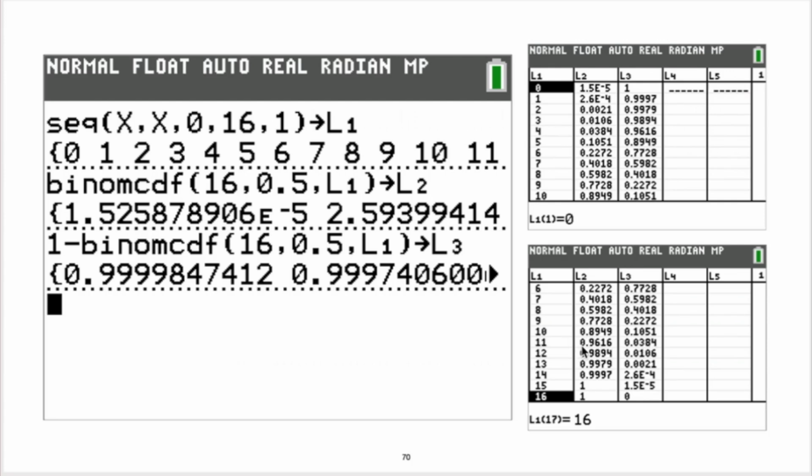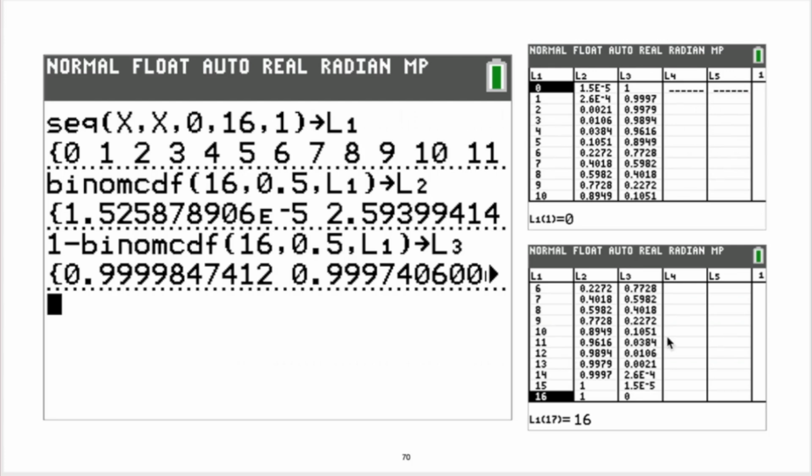But remember, this is not the probability that X is greater than or equal to 11, because this is 1 minus the CDF. For example, the value 0.9616 here is the probability that X-tote is less than or equal to 11. 1 minus that, which is 0.0384, is the probability that X-tote is strictly greater than 11. So this 0.0384 corresponds to the probability that X-tote is greater than or equal to 12.